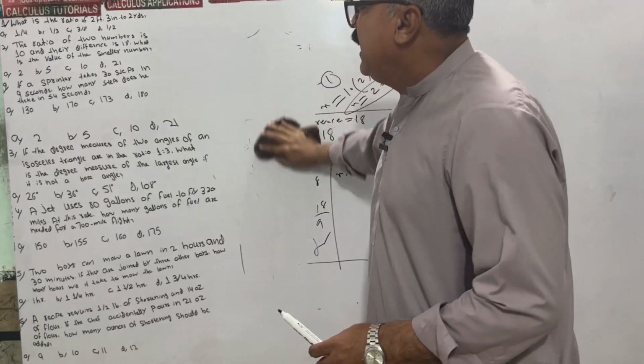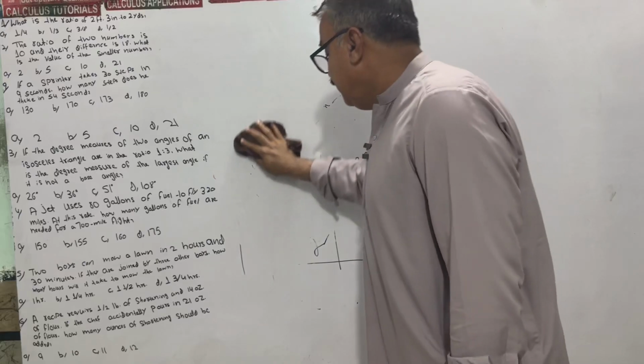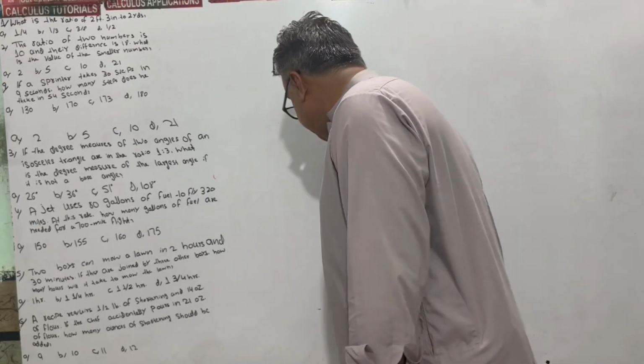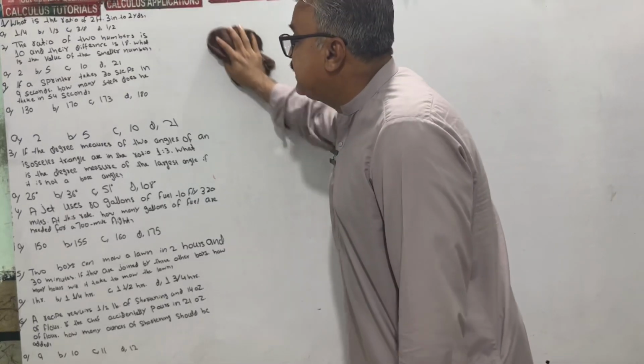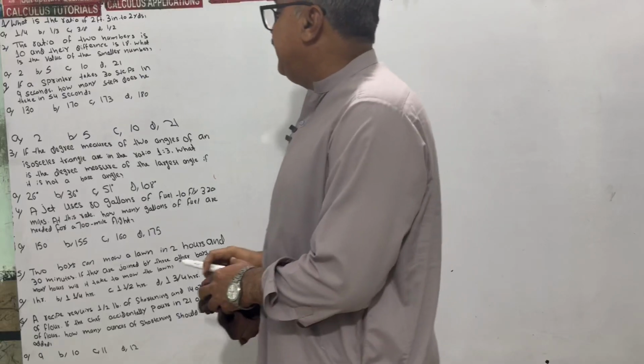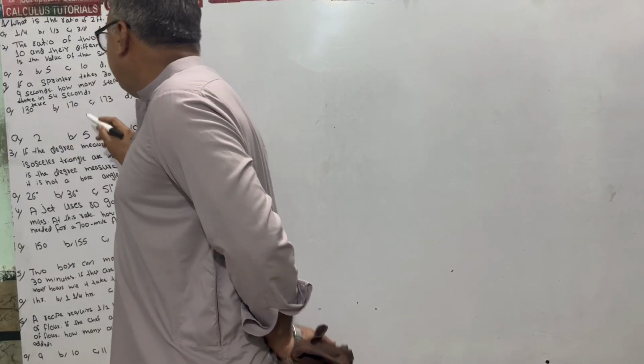If a sprinter takes 30 steps in 9 seconds, how many steps does it take in 54 seconds?